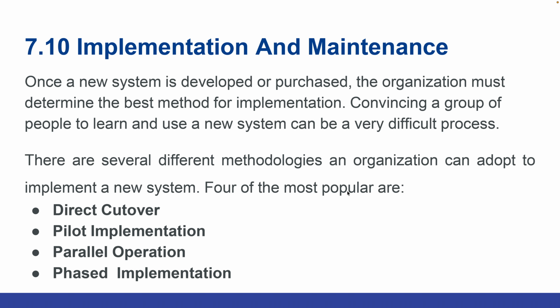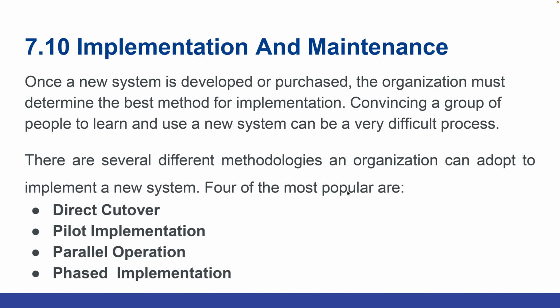So there are primarily 4 popular methods which are used in case of low risk, low complexity projects. You may just do a direct cutover, replace the old system with the new one. Other is the pilot implementation. You do not do a full scale implementation, you just do a partial implementation, get feedback from the end users, and then you expand the scope of it.